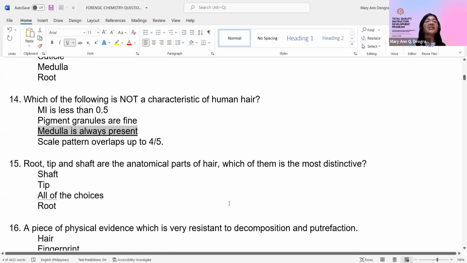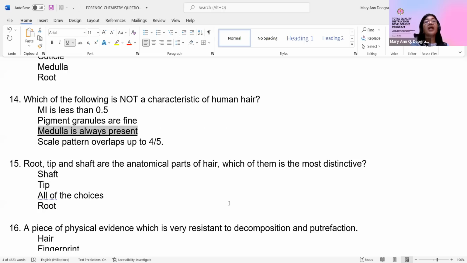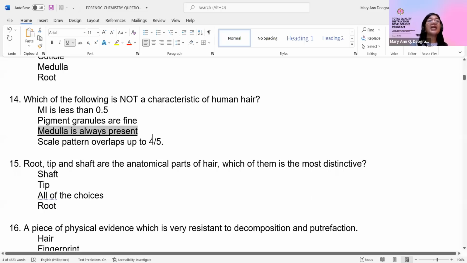Okay, next. Number 15. So, root, tip, and shaft are the anatomical parts of the hair. Which of them is the most distinctive? So, ano ibig sabihin ng most distinctive? Yung pinaka-importante sa part ng hair. So, the answer class is shaft. Okay, why shaft?